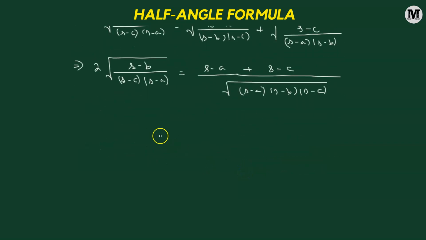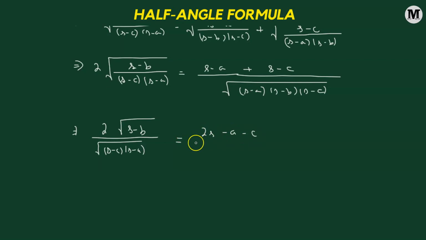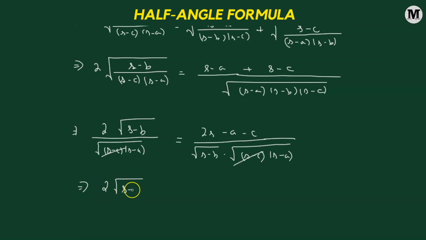So we now have 2 times the square root of s minus b divided by the square root of s minus c multiplied by s minus a, equal to 2s minus a minus c divided by, and here we can rewrite the denominator as the square root of s minus b multiplied by the square root of s minus c times s minus a. We have done this so that we can easily factor out the common denominator from both sides. This gives 2 times the square root of s minus b.